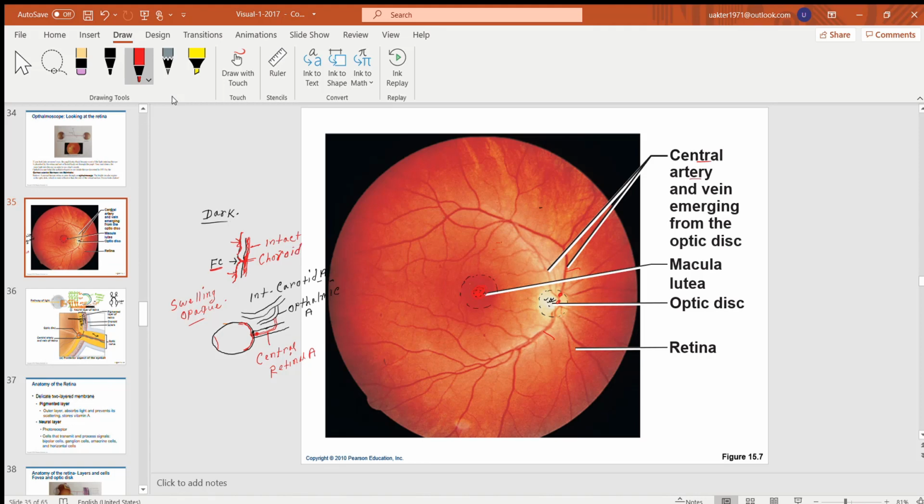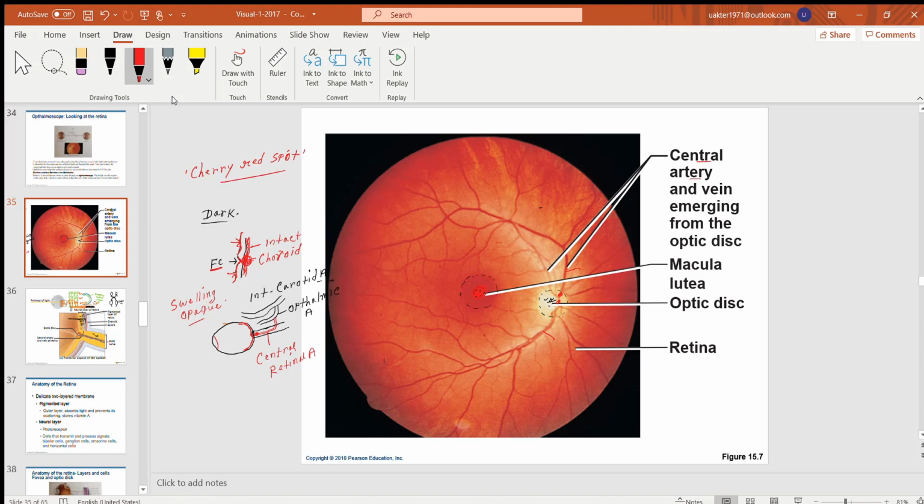And that's why this tiny area, the fovea centralis, will still look pretty red, and that is clinically termed the cherry red spot. I don't know if you have heard of cherry red spot.